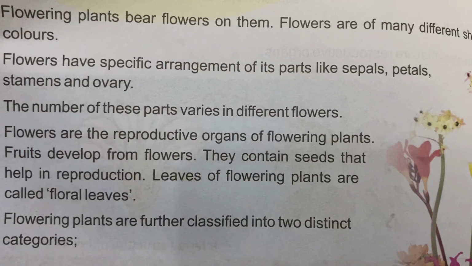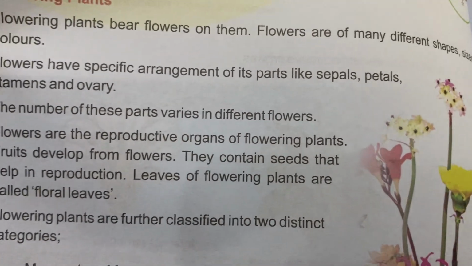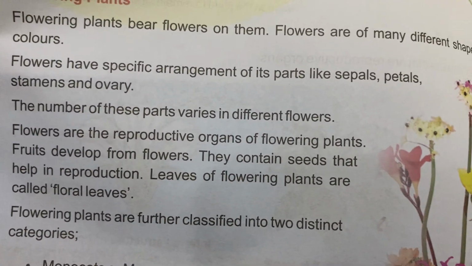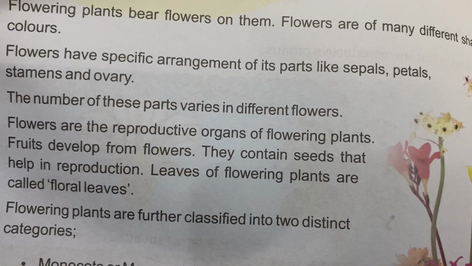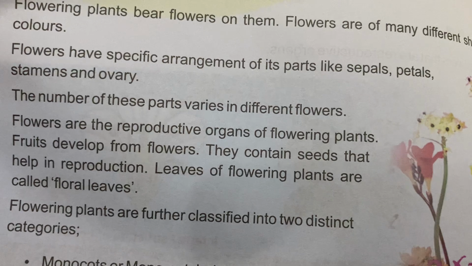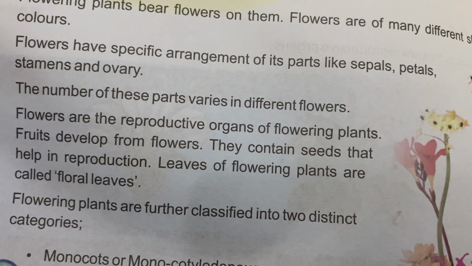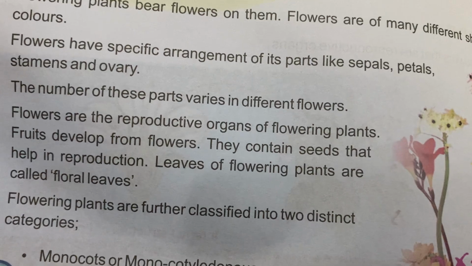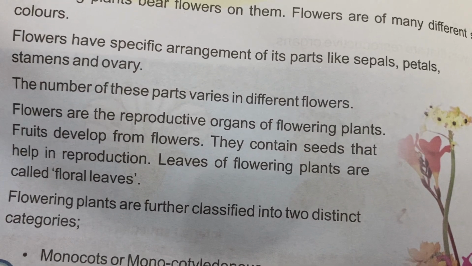Flowering plants bear flowers on them. Flowers are of many different shapes, sizes and colors. Flowers have specific arrangements of their parts like petals, sepals, stamen and ovary. The number of these parts varies in different flowers.